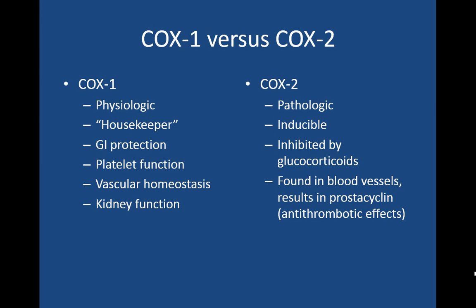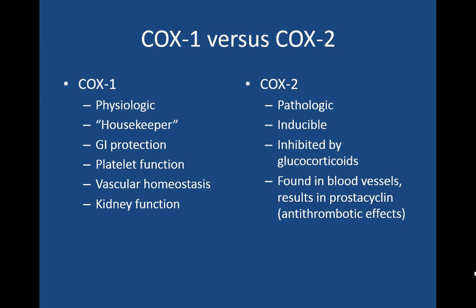COX-2, inducible, like we said. It's inhibited by glucocorticoids. So that explains why giving someone steroids decreases inflammation, because you can inhibit the production of COX-2 with steroids. And like I said, it's found in blood vessels and results in prostacyclin, which is antithrombotic. And so if you inhibit that antithrombotic effect, you kind of tip the scales toward thromboxane A2, which is what happens on the COX-1 side.